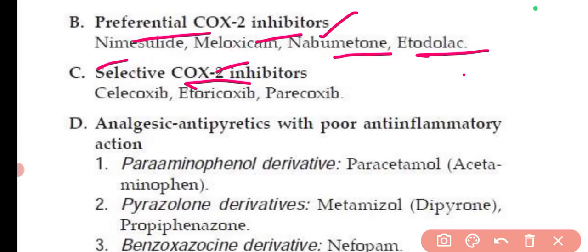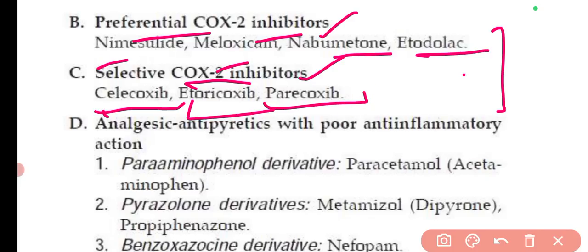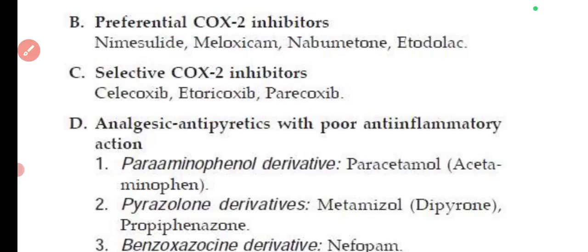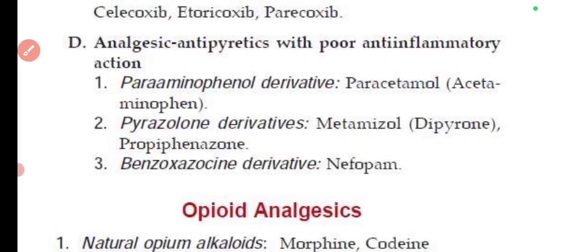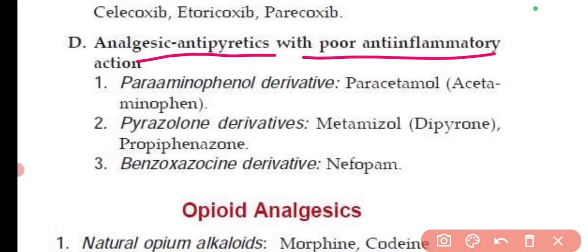Then there are selective COX-2 inhibitors. These two categories are very important. So celecoxib, etoricoxib, or parecoxib. These are the selective COX-2 inhibitors. Then there come the analgesic antipyretics with poor anti-inflammatory action. So this question can also be asked, like which of the NSAID drugs does not have an anti-inflammatory effect or has very little anti-inflammatory effect.